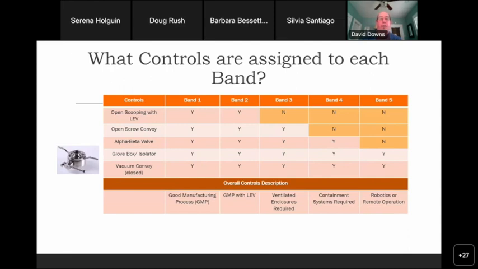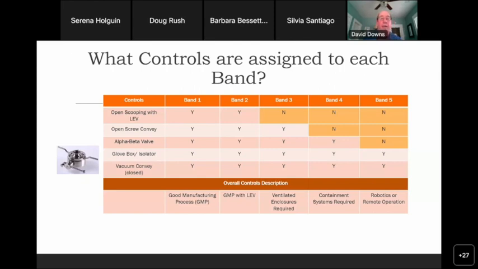For example, if something is in band 1 or band 2, it's relatively less hazardous. So you could even have transfers of materials through open scooping of the material with local exhaust ventilation.